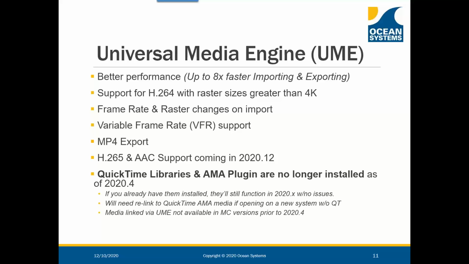Yeah, I always say, consider your workstation an employee, right? And so those efficiencies, if I can save hours on importing, exporting, transcoding, definitely worth it. This new Universal Media Engine is 64-bit. The old QuickTime libraries were 32-bit.